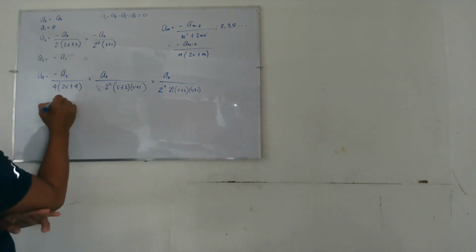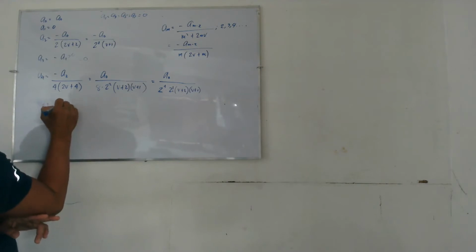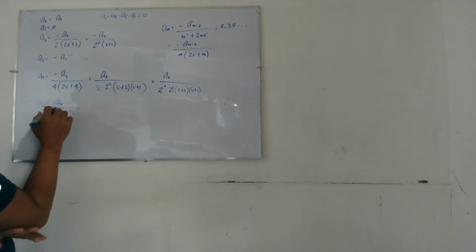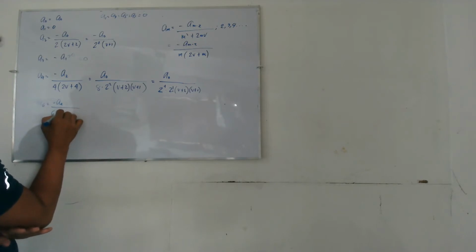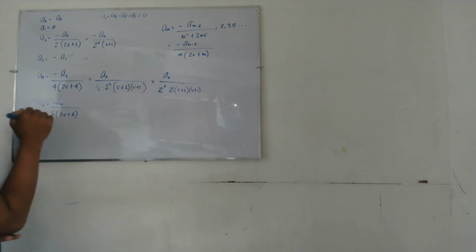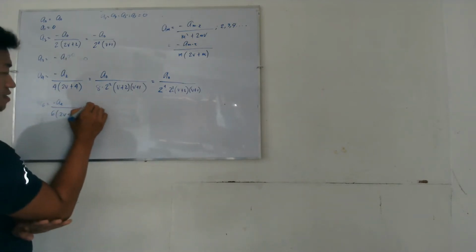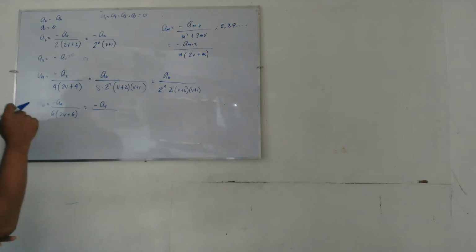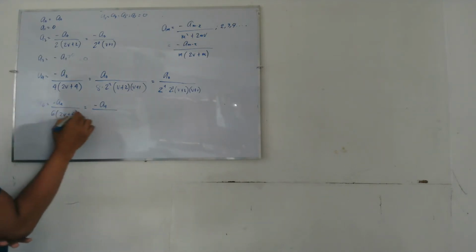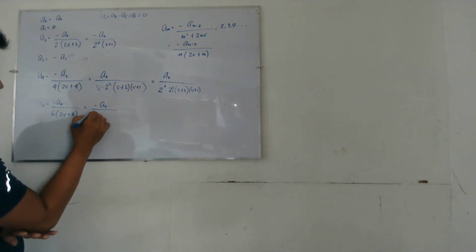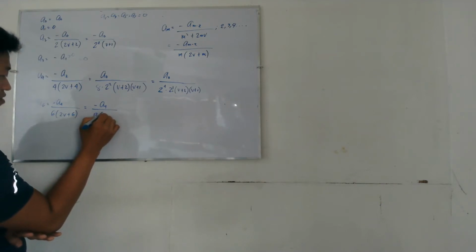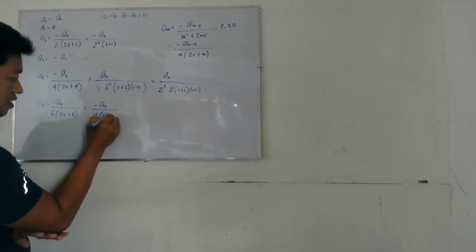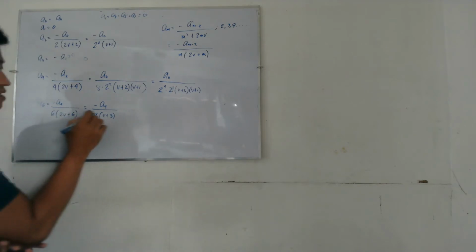A6 is just negative A4 over 6 times 2b plus 6. Right? This is just negative A4. Taking out the 2, this becomes 12 times b plus 3. Right?